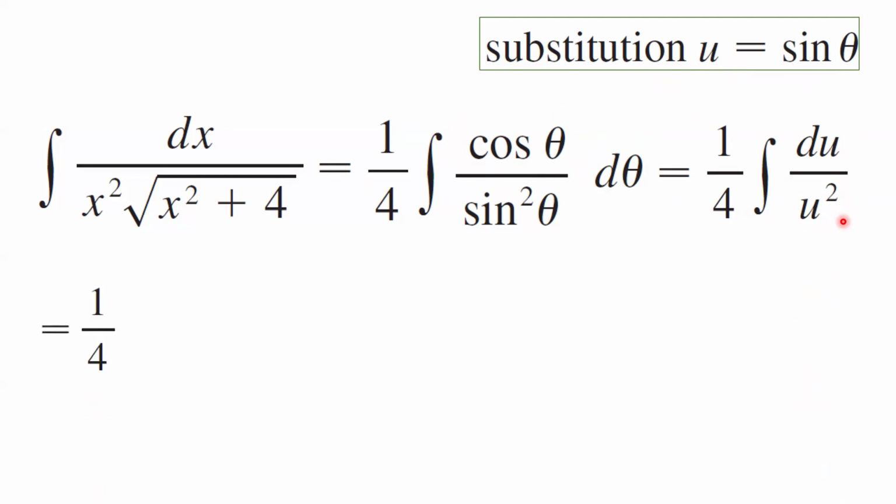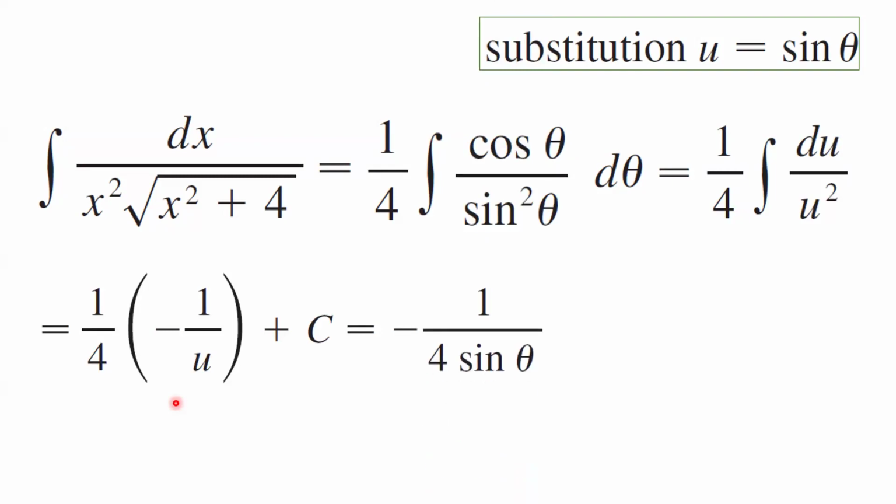This is equal to 1/4 times negative 1 divided by u, plus the constant of integration. But what was u? u is sine theta. Just substitute it back here and you get 1/4 times negative 1 divided by sine theta, or negative 1 over 4 sine theta, plus the constant of integration.